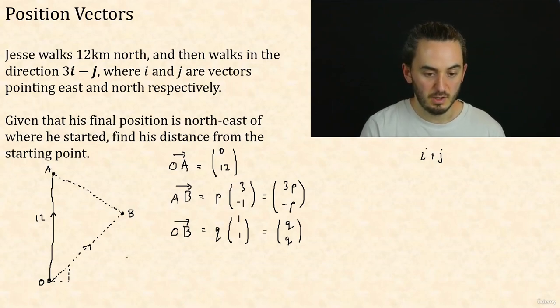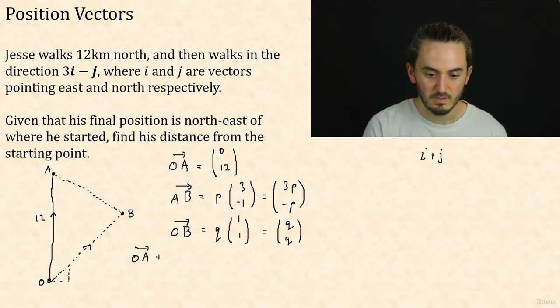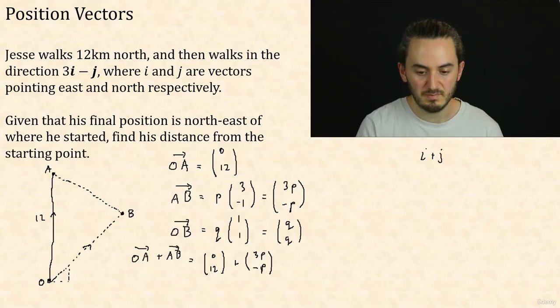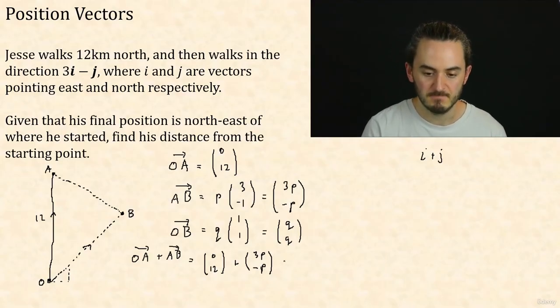If we do it the long way, so that's OA plus AB, we get OA is 0, 12, and AB is 3p, minus p, some amount of 3 along and some amount of 1 down.